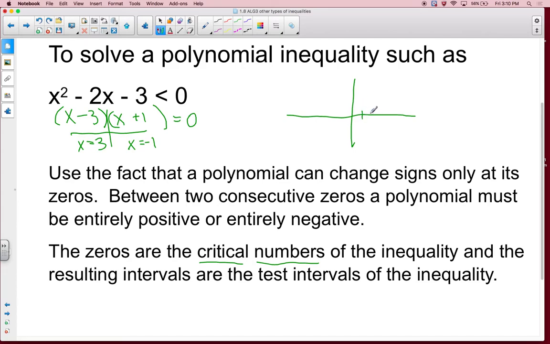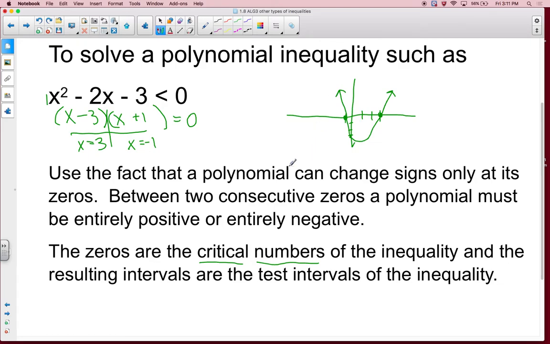So I have x is 3, 1, 2, 3, and I have x is negative 1 right here. We know that this is my y-intercept, so if I graph this, here's my y-intercept. I can find the vertex, but I really don't need to right now. I just need to know what this looks like. I know that the value of a is 1 here, it's positive, therefore my quadratic is facing up, and it's an even degree. So it's going to look something like this.